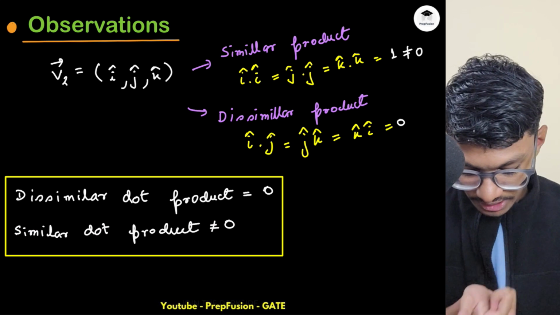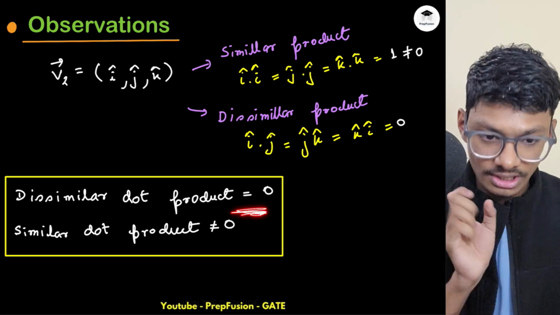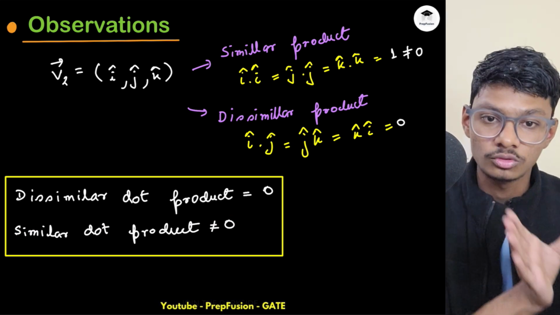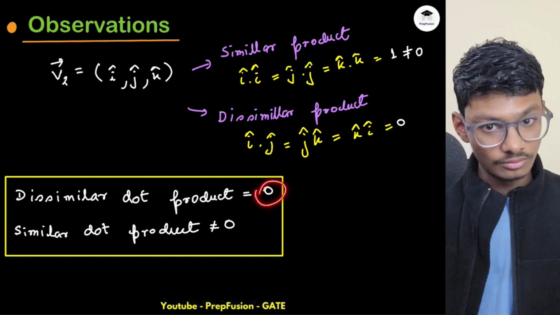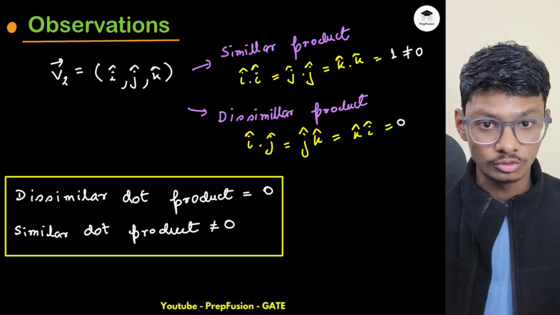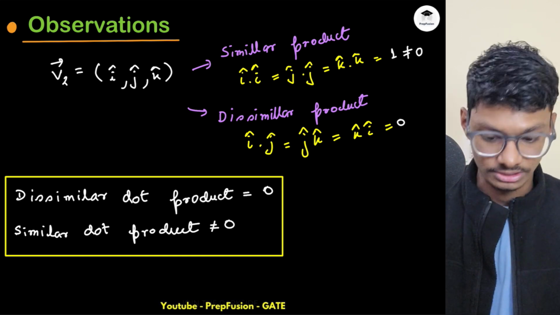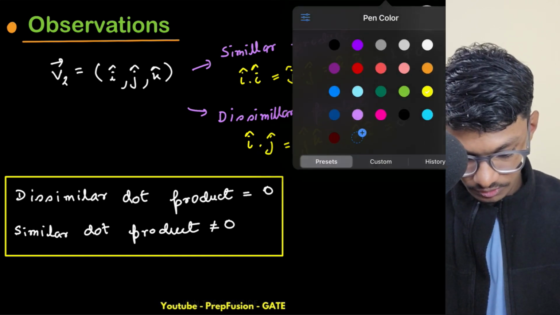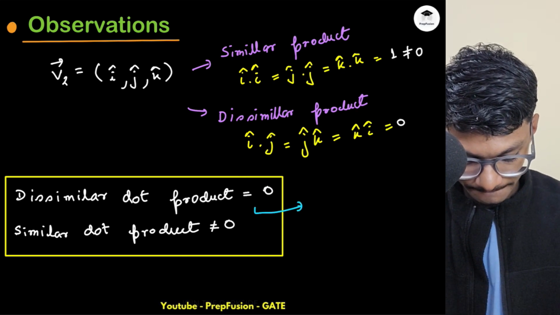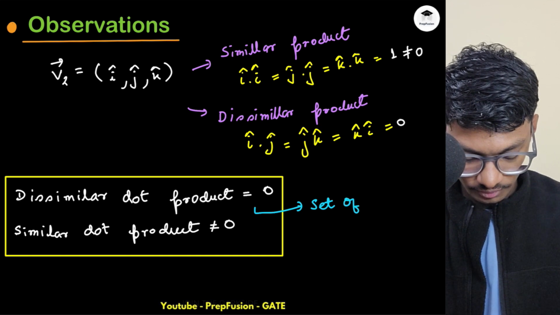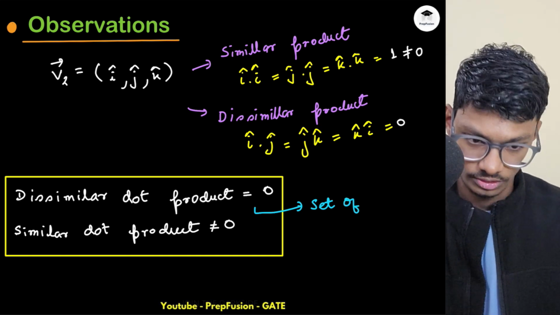So basically what does this mean? Dissimilar product equal to 0 means it is a set of mutually orthogonal vectors, if you remember what we discussed in the orthogonal vectors class, just in the previous class.